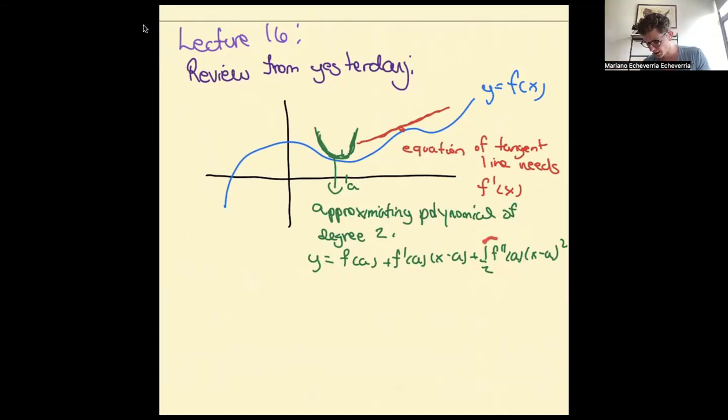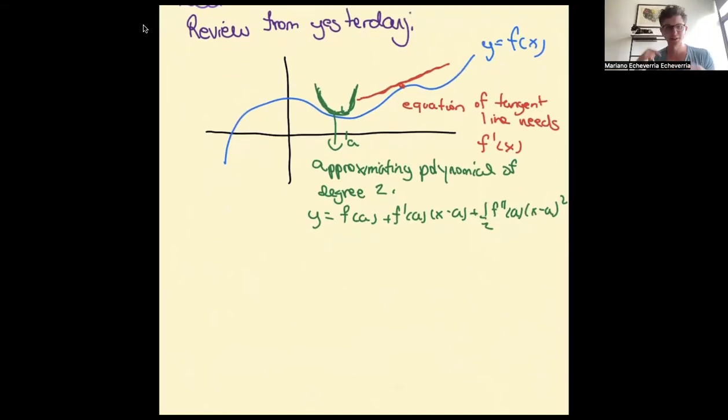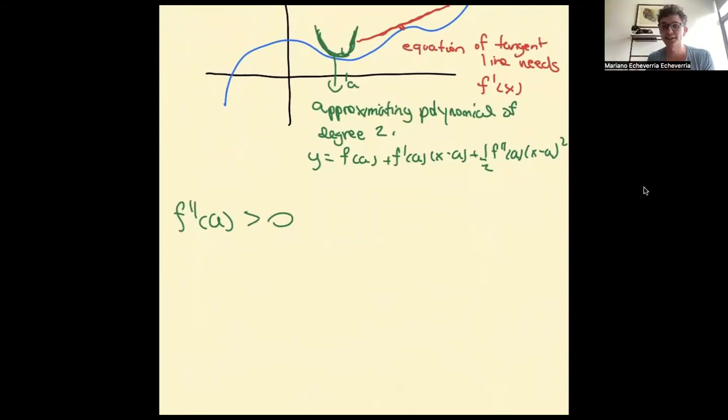If you look at it, the second derivative is whatever is multiplying the stuff that has x squared. So remember the review of polynomials from yesterday: if the second derivative is positive, the trick to memorize this is that you make a face whose eyes have the sign of the second derivative.